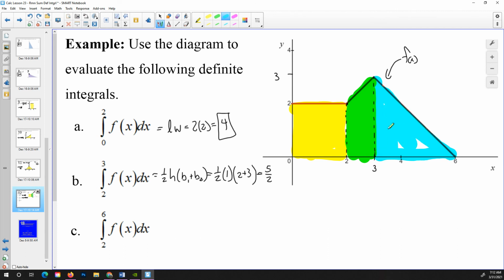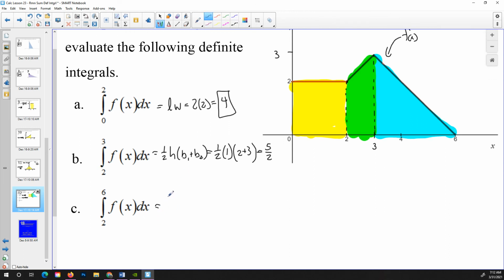So what I'm going to do is break it up into two separate integrals. I'm going to say that it is the integral from 2 to 3 of f of x dx plus the integral from 3 to 6 of f of x dx. Now I've already calculated this one from part B, and we know that it is 5 over 2.